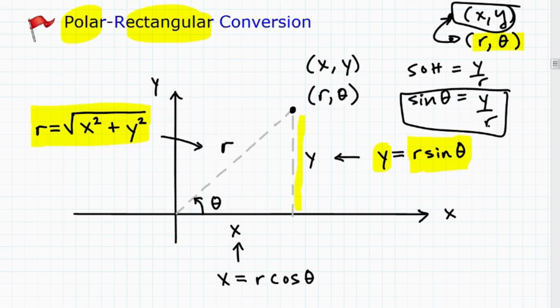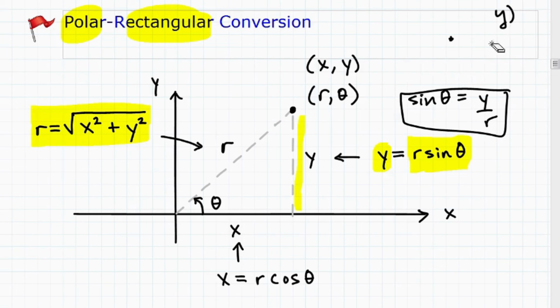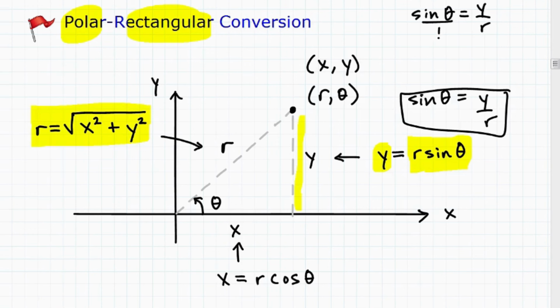To solve for r, let's just do that real quick. I have sine of theta equals y over r, and I can cross multiply by r. So r sine theta equals y. So y equals r sine theta.